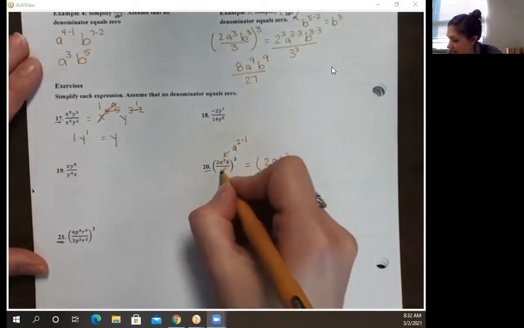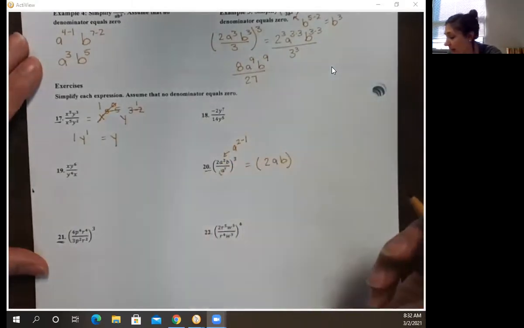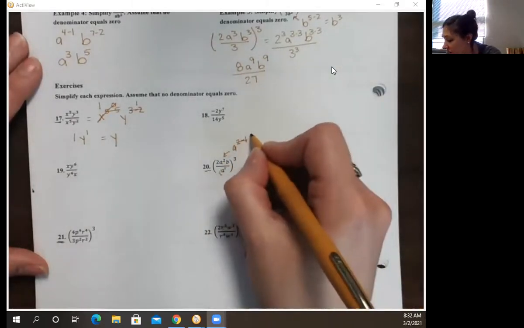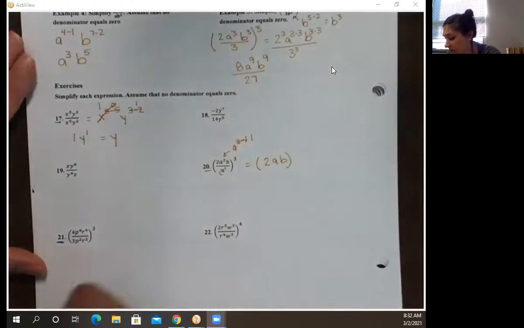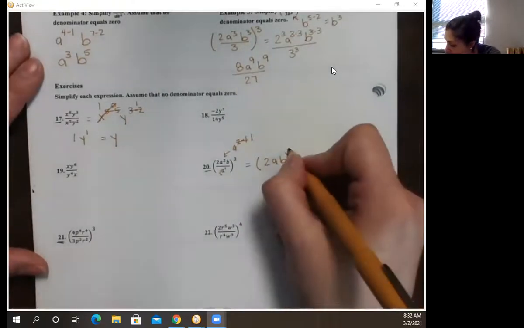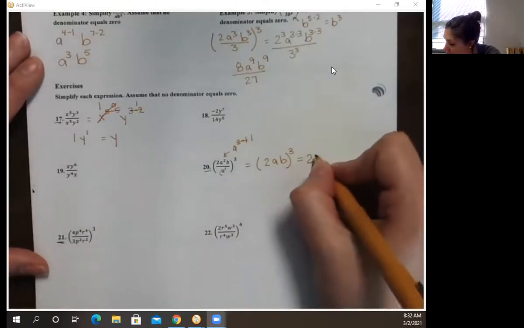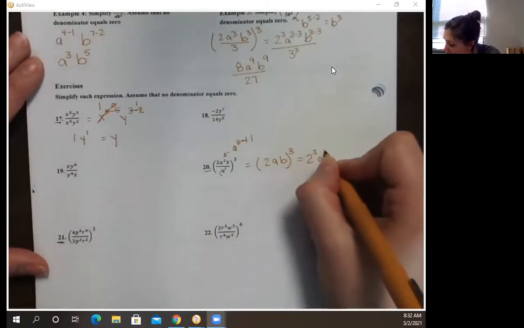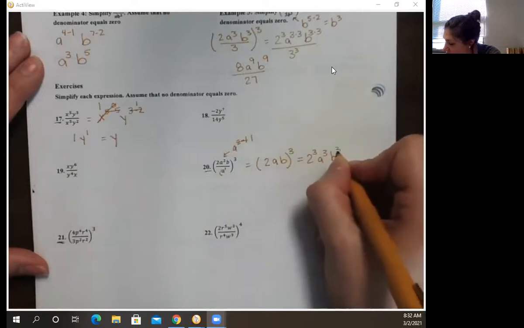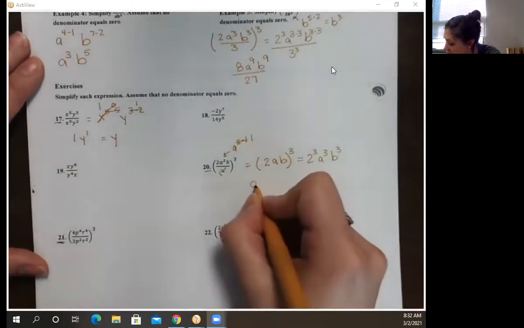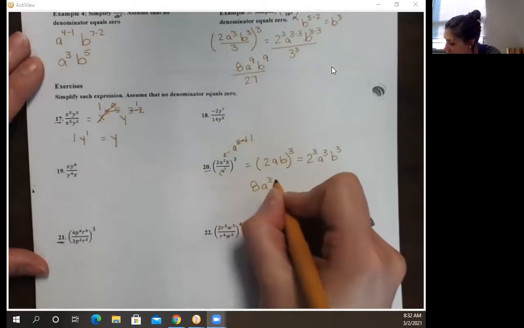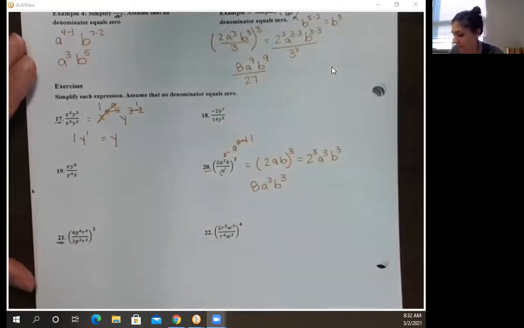Remember, we've reduced the a on the bottom with the a squared on top. 2 minus 1 is just 1, so that would give me a to the 1st or just a. Now I'm going to cube this. So that means I'm cubing everything inside. So 2 cubed, a cubed, and b cubed. So that would give me 8a cubed b cubed.